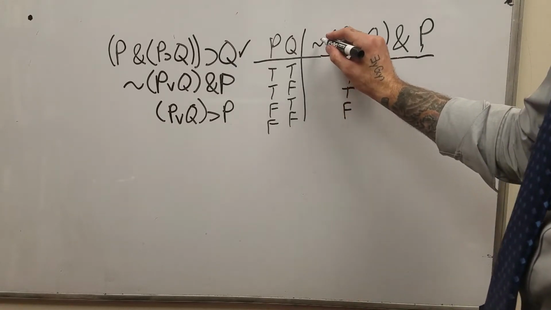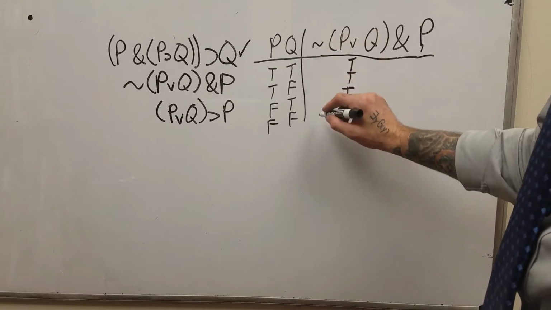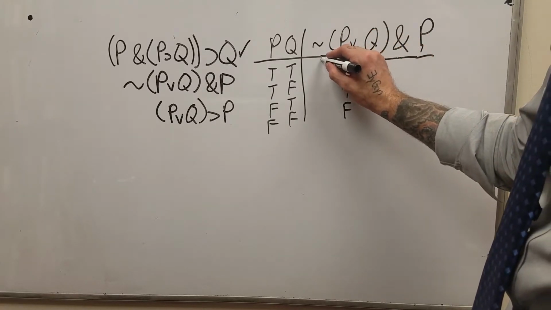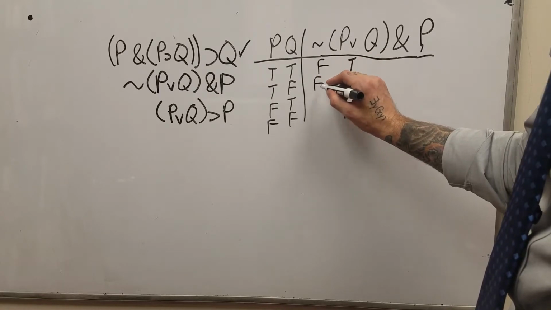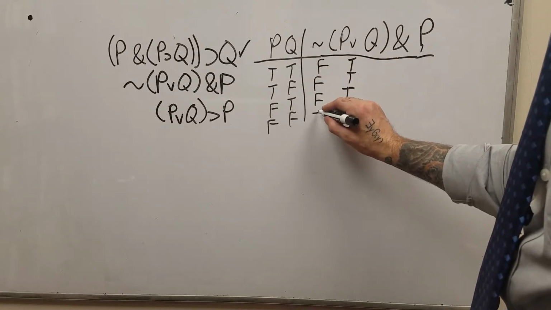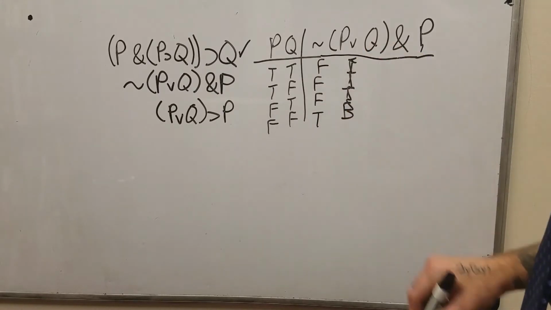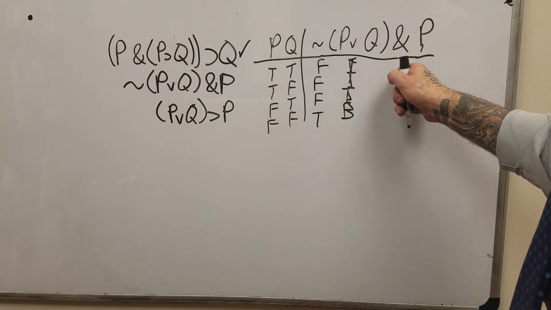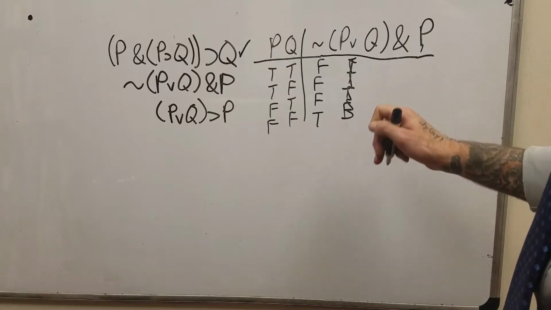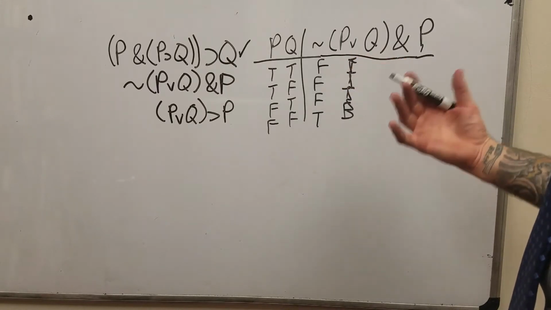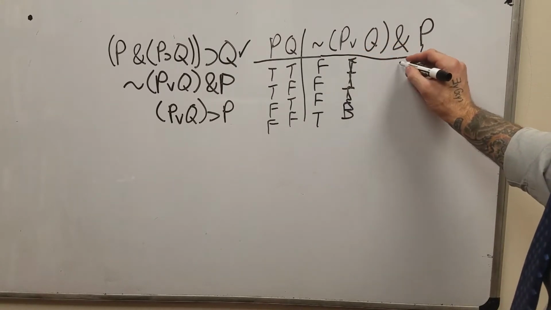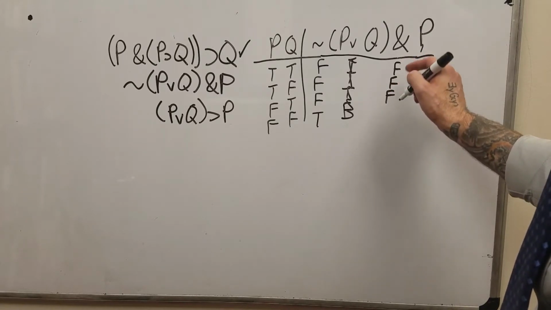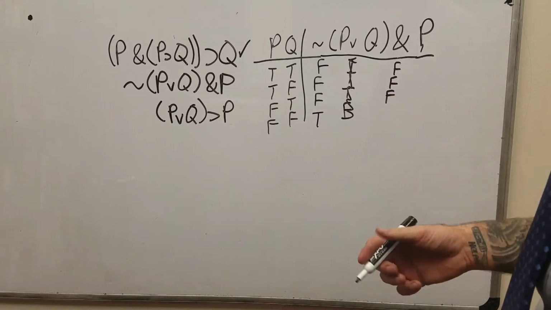And now this negation sign, the tilde that scopes over this disjunction, is basically just going to flip all of these. So now we need to evaluate the main operator, the ampersand. Again, if one conjunct's false, we know that the conjunction cannot be true, so it's going to be false on these first three lines.